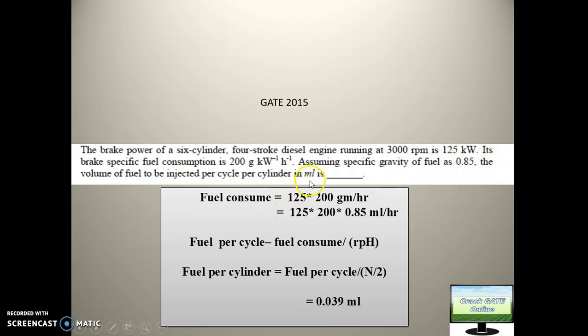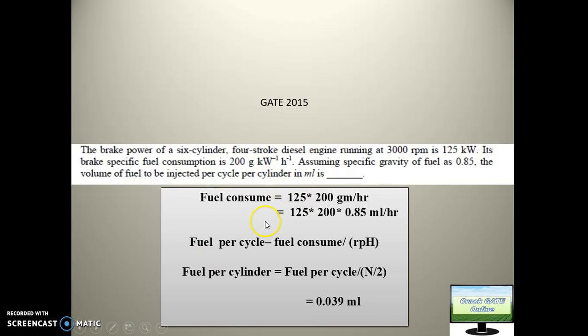If you multiply this value with specific gravity, mass will get converted to volume. So 125 into 200 into 0.85 will be ml per hour. So this much ml of fuel is being consumed per hour. When you calculate, it will come 21250 ml per hour.